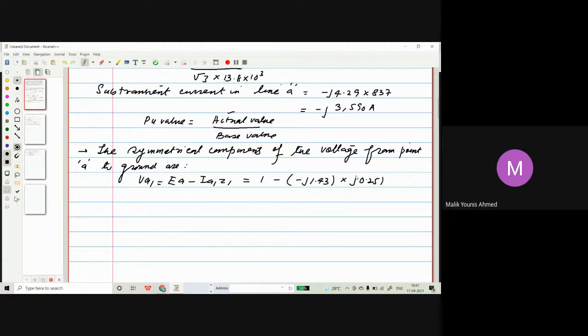All the values we know, we can get the value of voltage. VA1 will be equal to 0.643 in per unit.